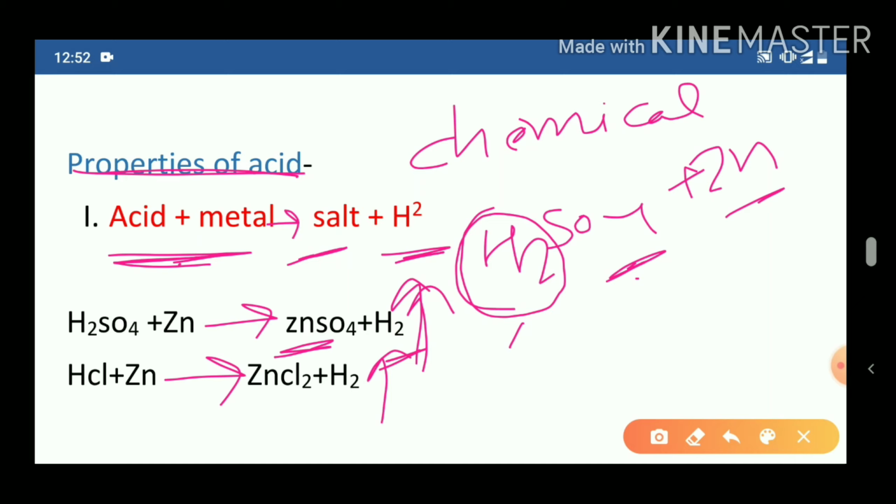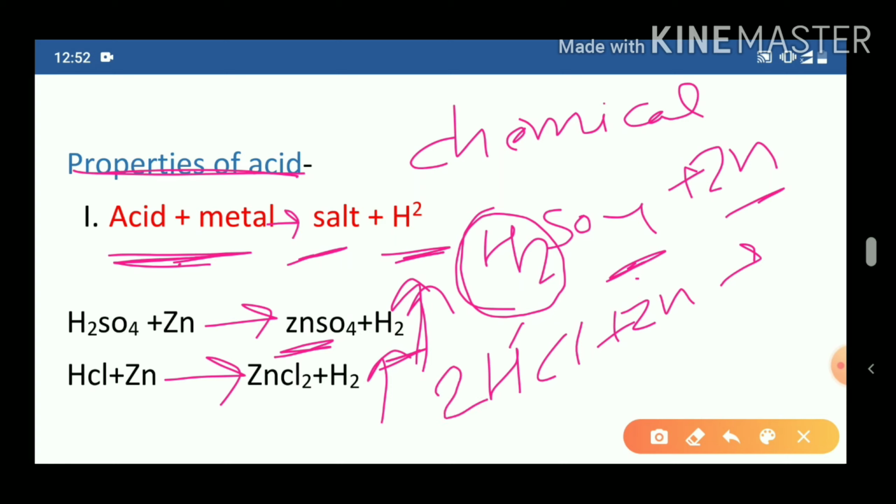Understood? The next is HCl plus Zn. Again we know that hydrogen gas comes out when acid reacts with metal, but the main thing is that hydrogen gas comes out in pairs, so only one hydrogen is there, so we will write 2 here.